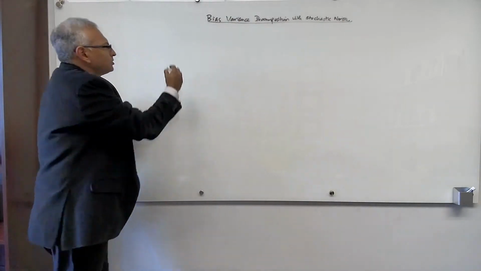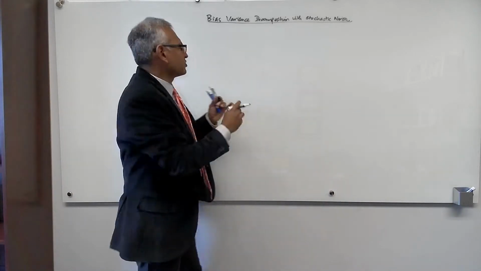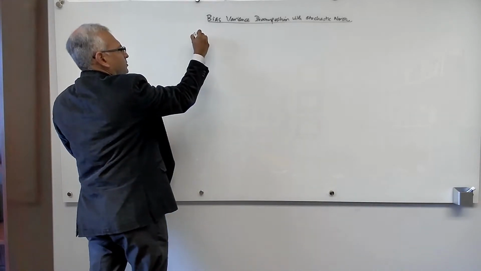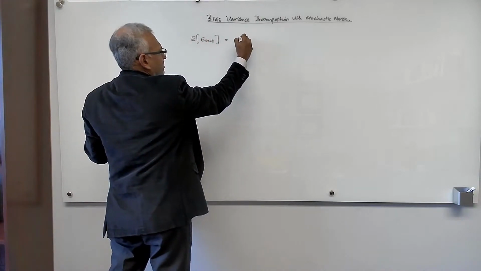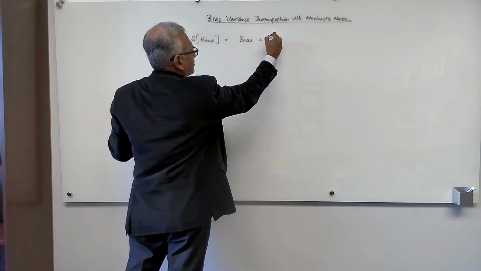I'll remind you, the bias variance decomposition when there was no stochastic noise was that the expected value of E out was equal to two terms, the bias plus the variance.